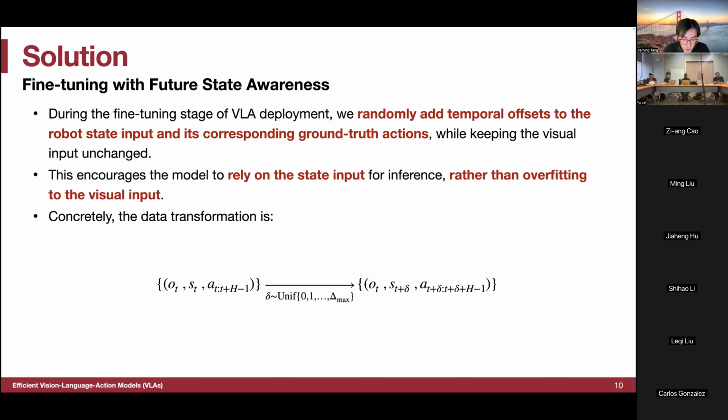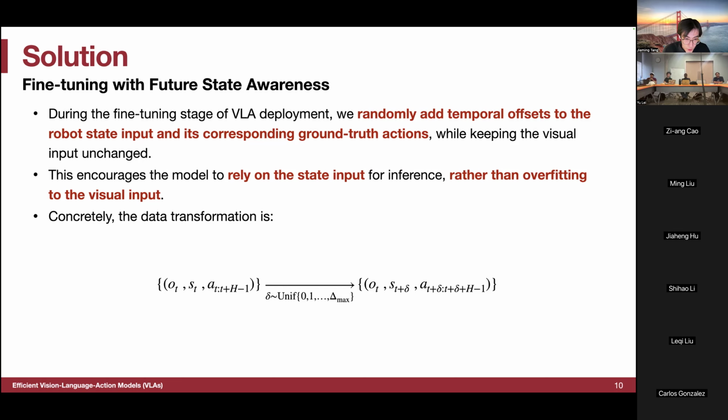Now we can uniformly sample a delta between 0 and delta max, which is the maximal inference delay decided by the GPU performance or the network latency. Then we shift the robot states and the ground truth actions by delta for each data point. And this delta is sampled independently for each data point.